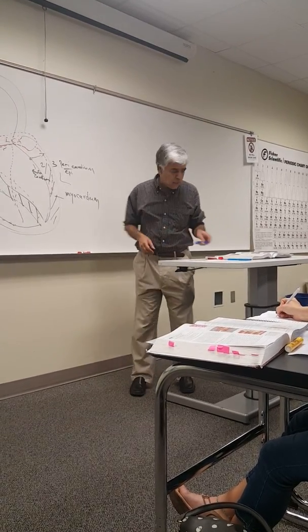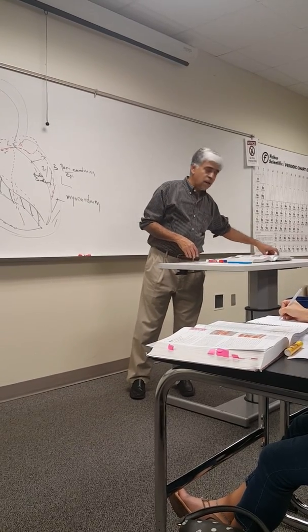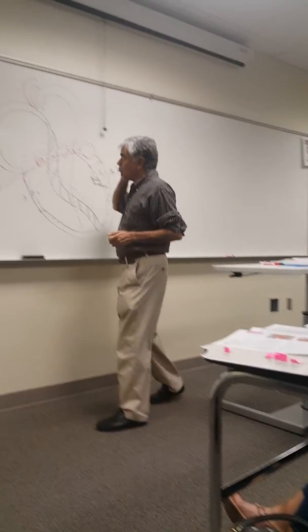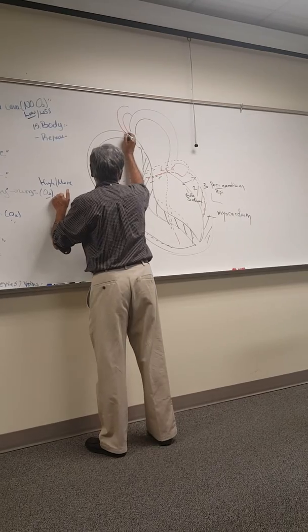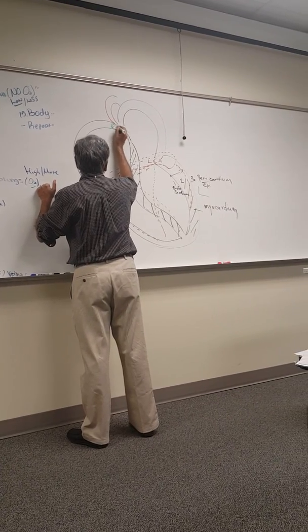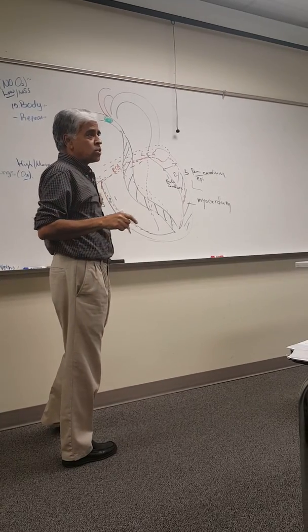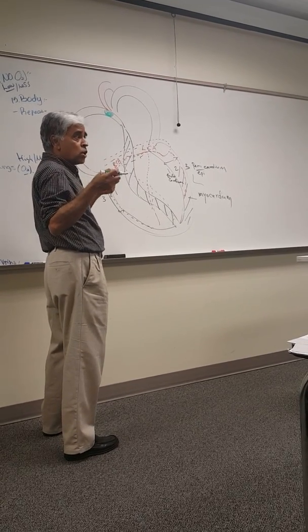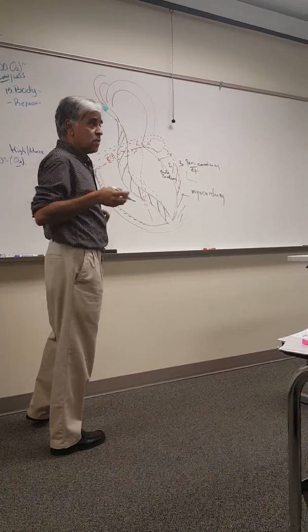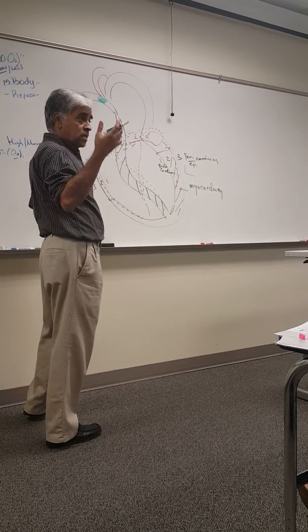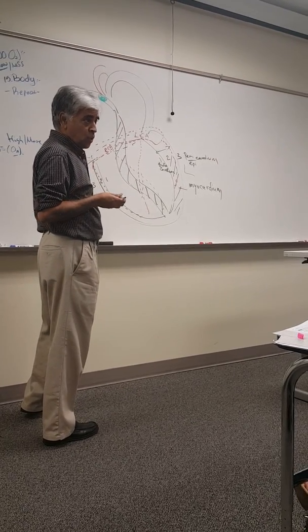So if you take the heart, there are places where you have like an electric switch, turn on, turn off. This is your pacemaker, the first structure where electricity is being turned on, meaning action potential is being started. You know the action potential, how the muscle and neuron works, right?